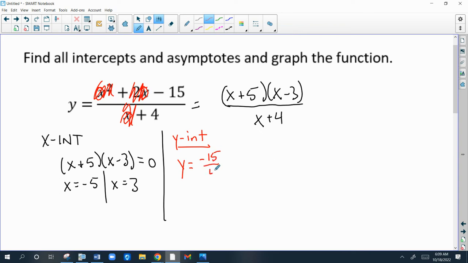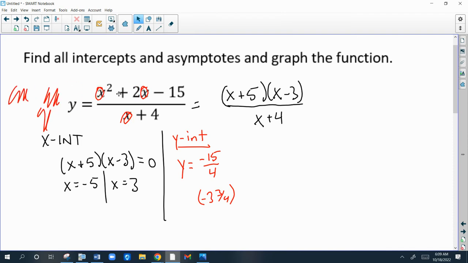I'm going to think of that as a decimal, or 4 goes into 15 3 times and 3/4. Just so when I go to graph it, that's how I'm going to think of it. Easier to graph it. So that's that. I guess they call that a mixed fraction. I don't know.